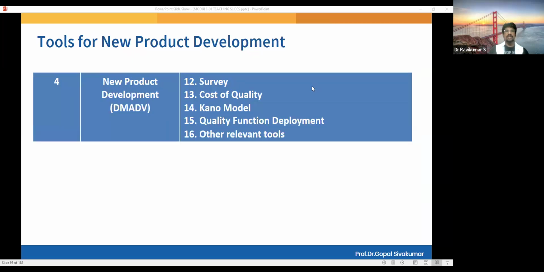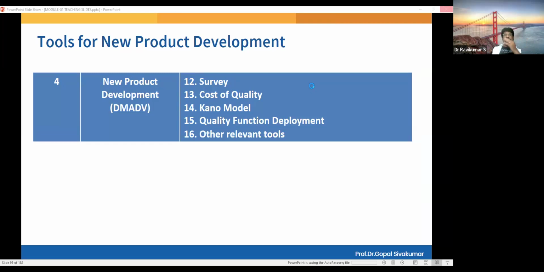These tools hold good when you are going to use DMAIC for a problem, when you are trying to resolve a problem which exists in a product, service, machinery, system, or process.